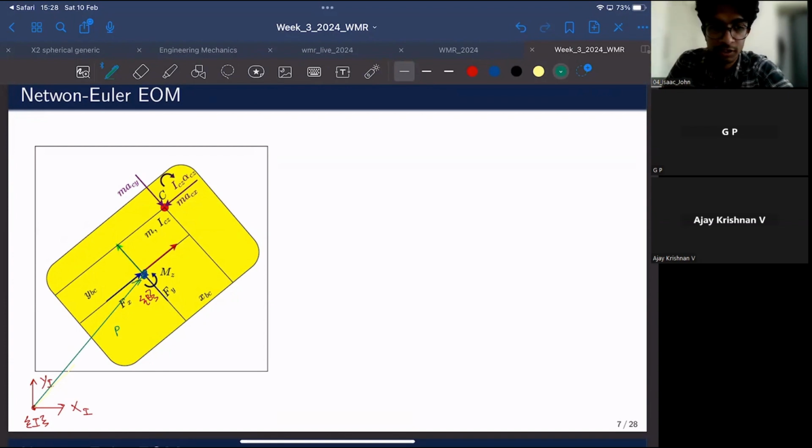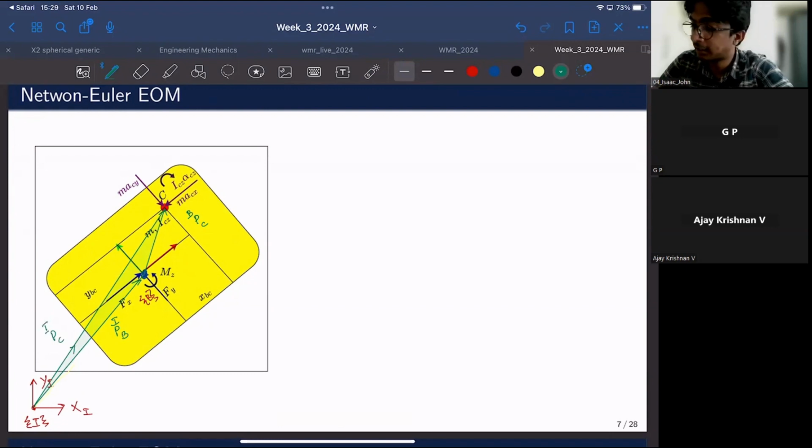This vector is the position of point B with respect to frame I. This vector would be the position of the point C, the center of mass, with respect to frame B. And from the coordinate C all the way to the point A, this is the position of C with respect to I.